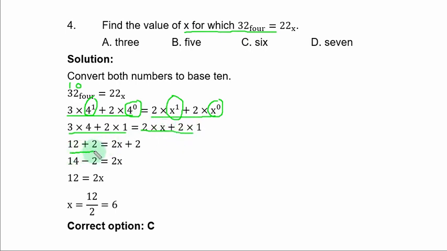So you have 12 plus 2 equal to 2s plus 2. Collect like terms. You have 12 plus 2 is 14 minus these 2 when transferred equal to 2s. You have 12 equal to 2s. To get s, divide both sides by 2. s is equal to 12 over 2, and that is 6. So C is the correct option.